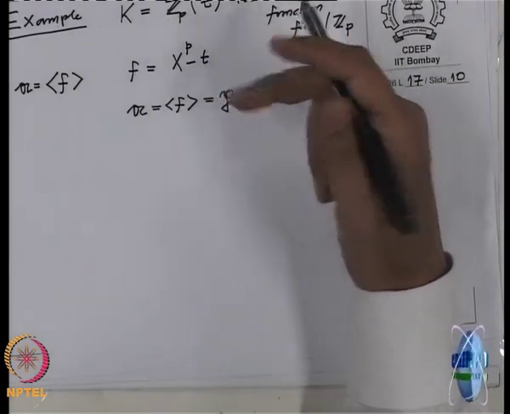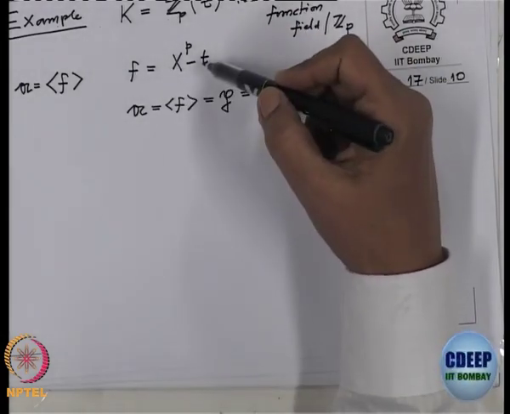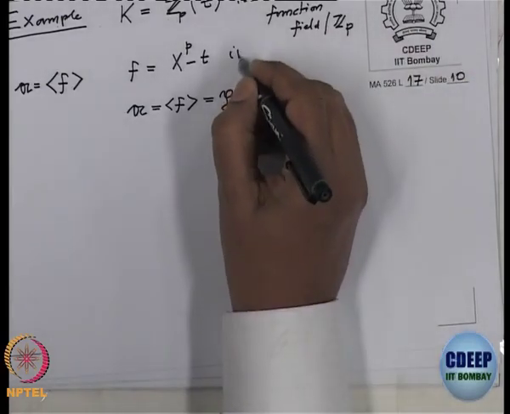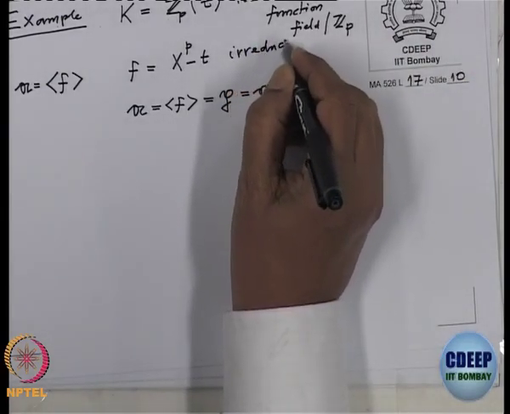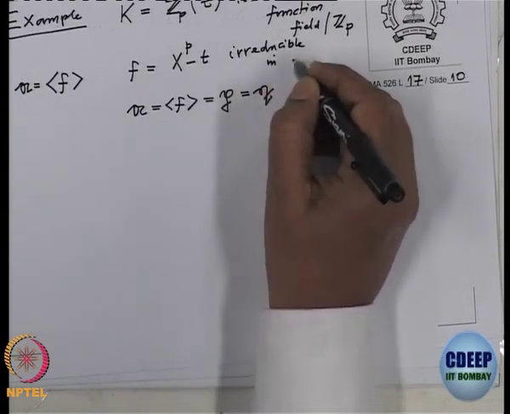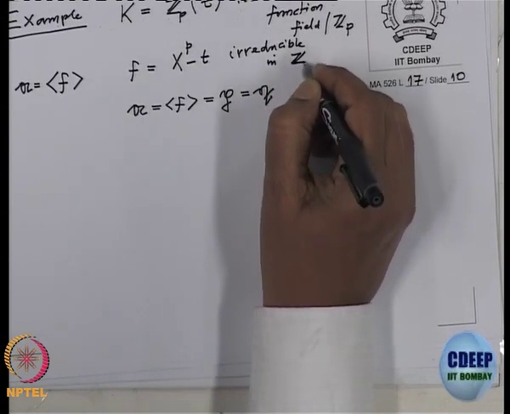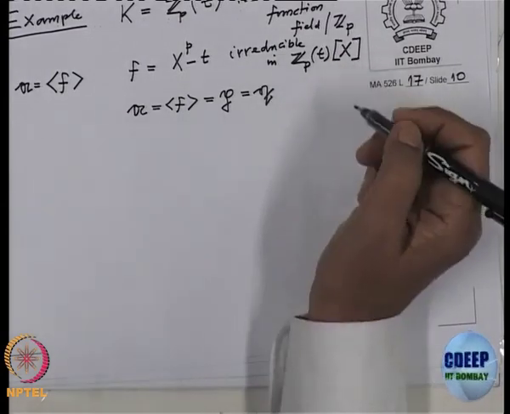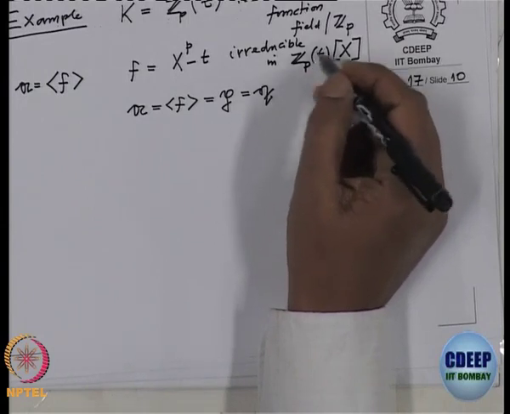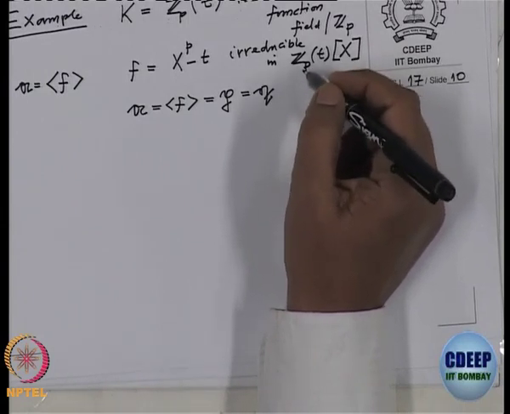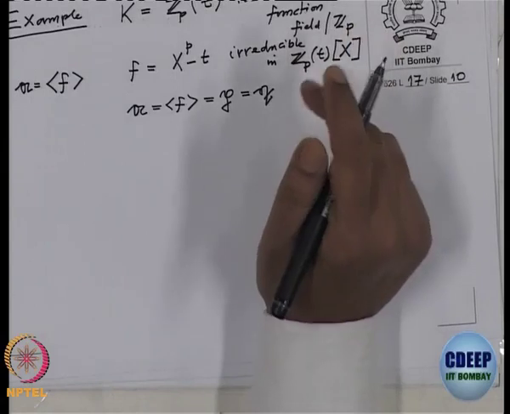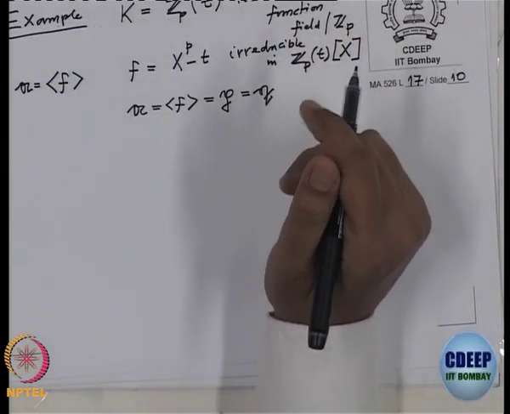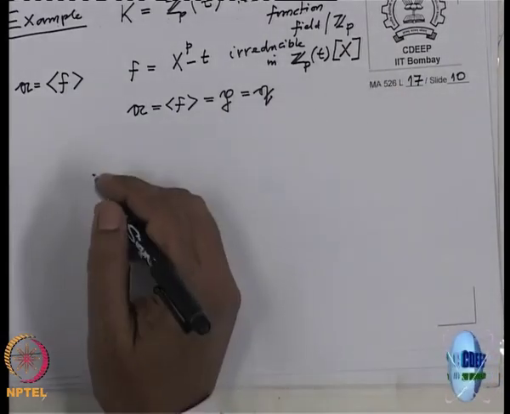F is irreducible because t doesn't have a pth root in Z mod P T X. This field is not perfect, it is Z P T, because if you take the pth power map, the T doesn't have pth roots.